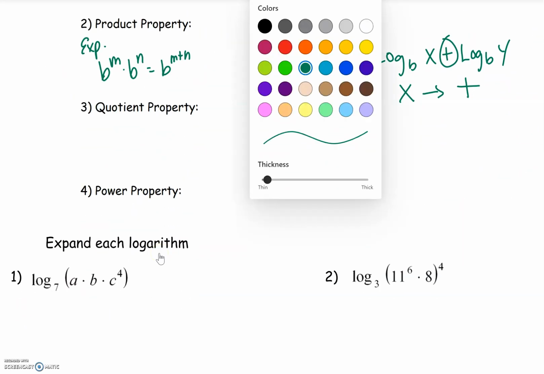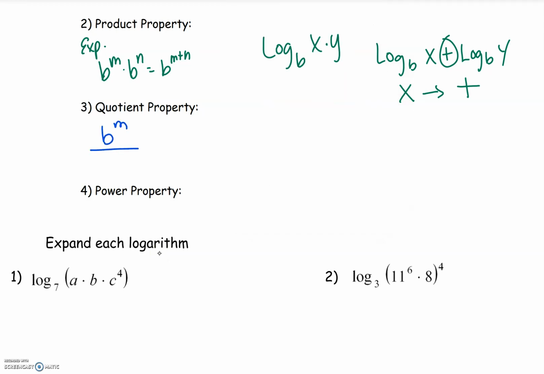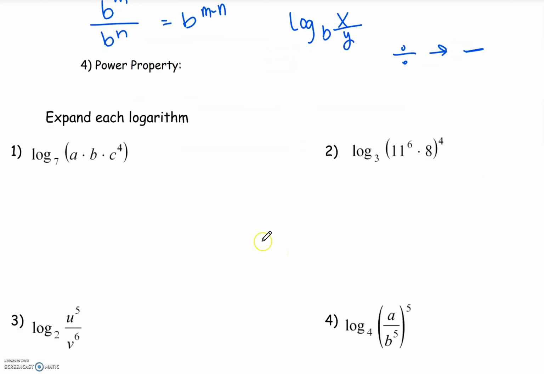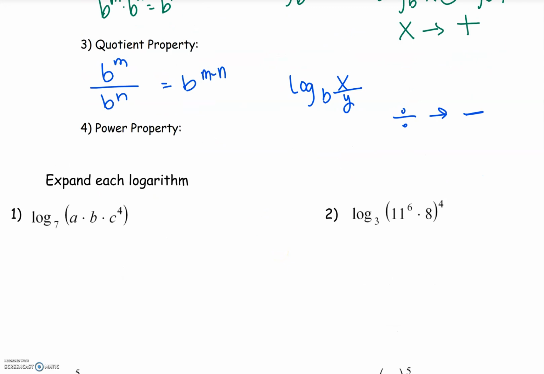Quotient property is very similar to that. When we again have division, we subtract. So b to the m minus n. So when we have logs and we are dividing, then we would change it to log base b of x minus log base b of y, subtraction of those two logs.